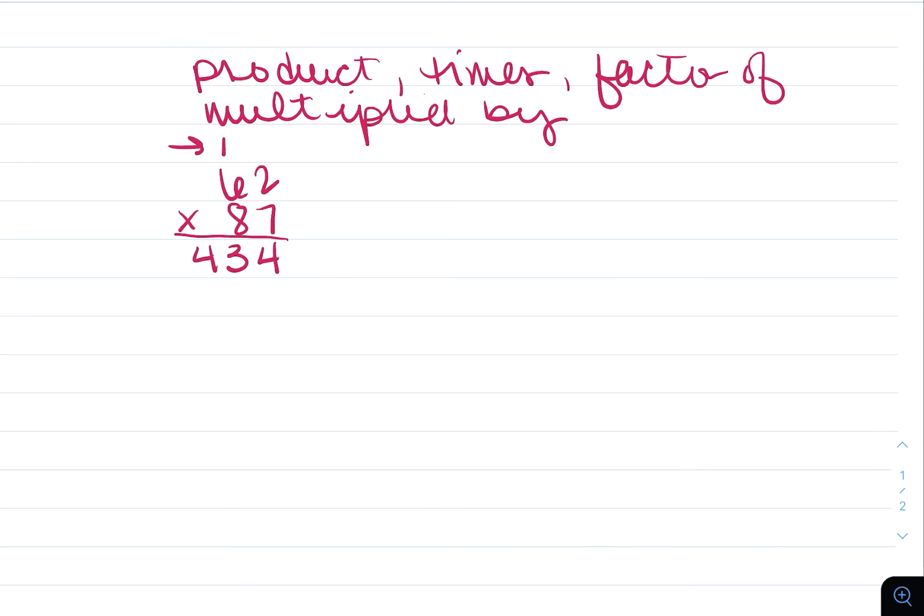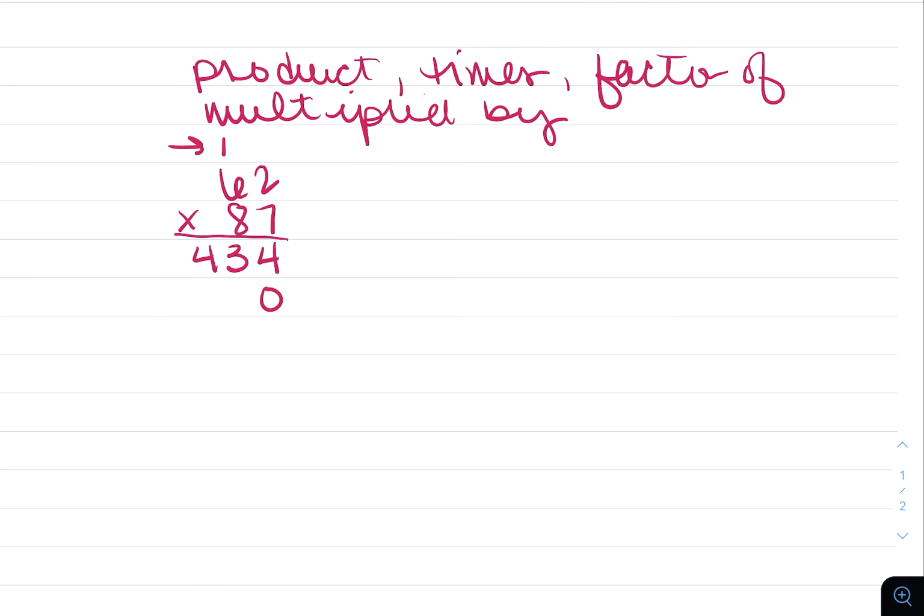Okay, so let's move on to our second number. So our 8 is actually in the tens column. So really you're multiplying by 80. So what we should do here, we're going to put a 0 placeholder in the ones column. And then we can start multiplying the 8.